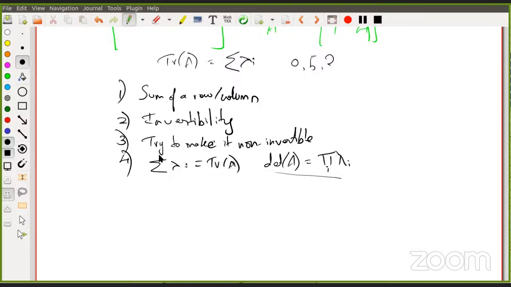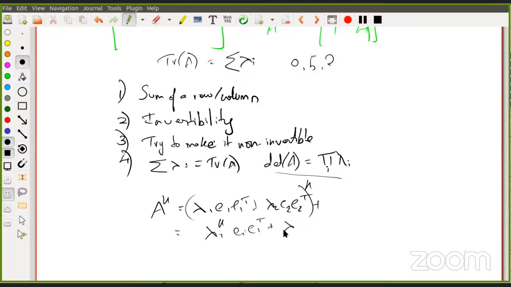So, for example, if you wanted to take the power of a matrix, if you're able to express it in terms of the eigenvalues and eigenvectors, if you're able to find the eigenvalue decomposition of the matrix, then taking the power of the matrix is simply taking the powers of the eigenvalues and summing over the same thing.